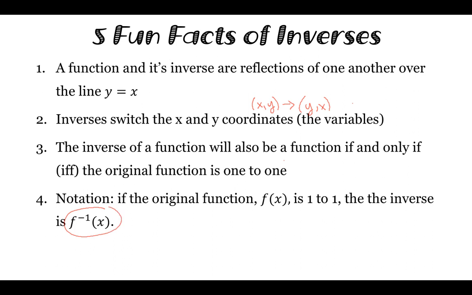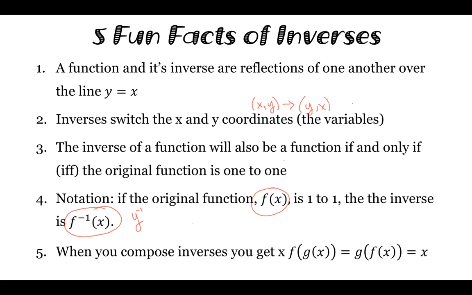Therefore, we can use this notation to indicate inverse, and this notation is only used if we're talking about a function and an inverse function. Otherwise, you would use y inverse. It doesn't mean it doesn't have an inverse; its inverse is just not a function. And finally, when you compose inverses, you get x, meaning f of g of x equals g of f of x equals x. It's like you do something and then you undo it.